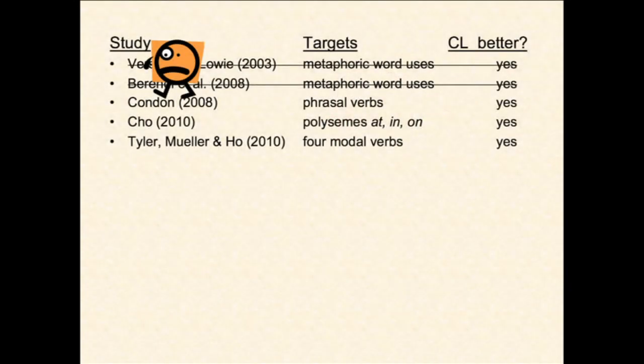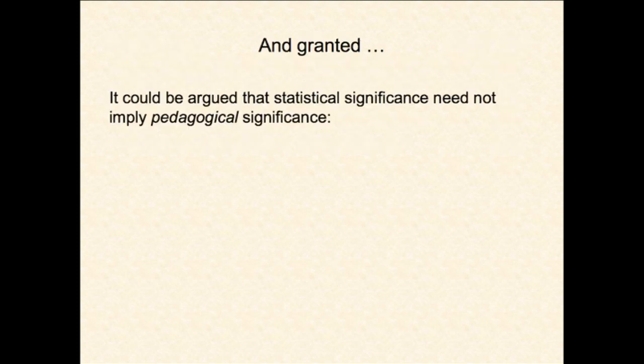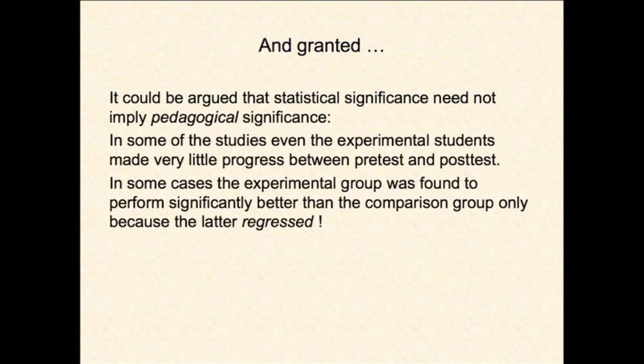Also to be acknowledged is that although there was often a significant difference between the scores of the CL treatment and the comparison treatment, learning was sometimes very small in both groups. So you may wonder, is it worth the effort in the first place? In some cases, significance was reached because the comparison group did so badly. In some cases, the comparison group regressed as a result of teaching.